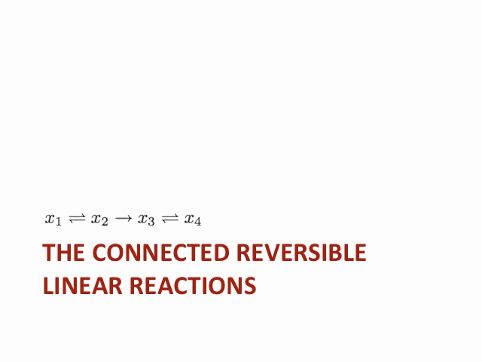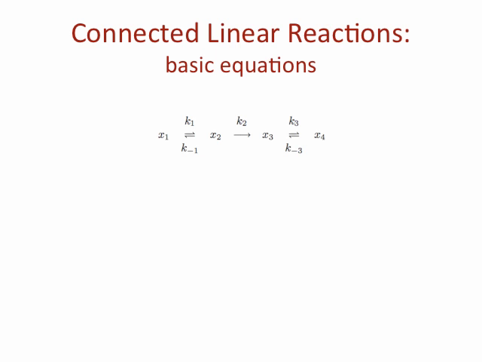We will now consider slightly more complicated circumstances. We will start out with this series of linear reactions. In this toy example, we have a reversible reaction followed by an irreversible reaction that is then followed by a reversible reaction.